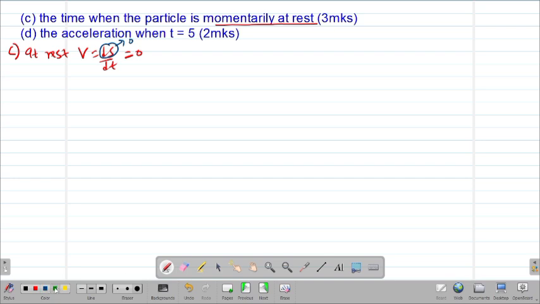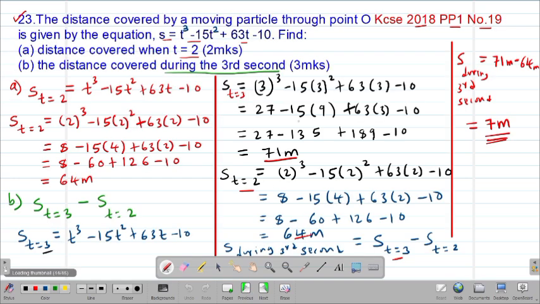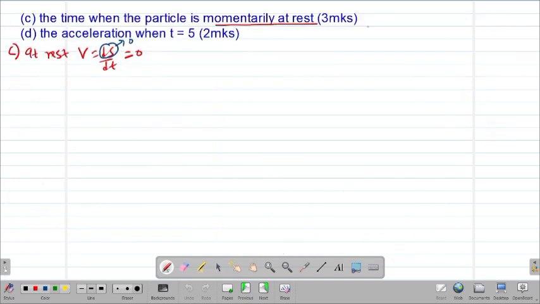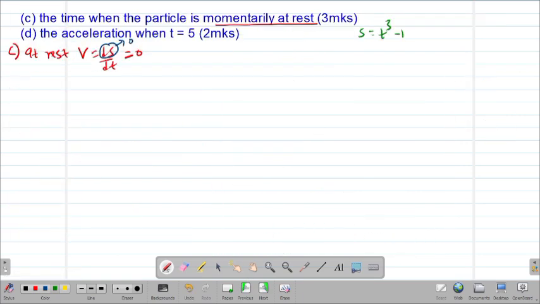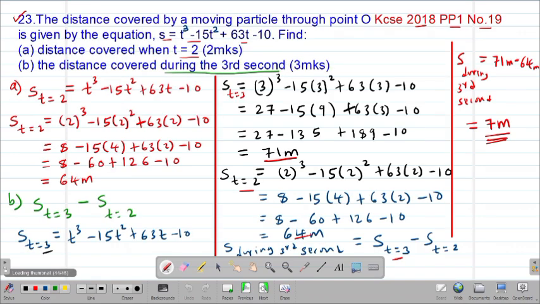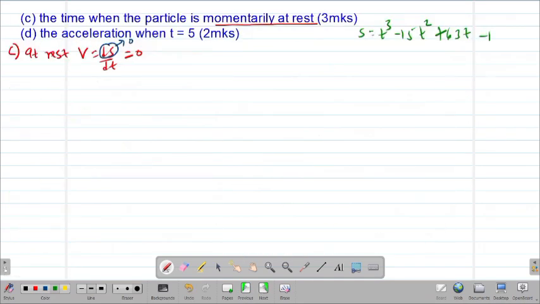Therefore, clearly we need the formula for the velocity. So remember, we already have an equation for S. S was given by t cubed, then minus 15t squared, then plus 63t, then minus 10.